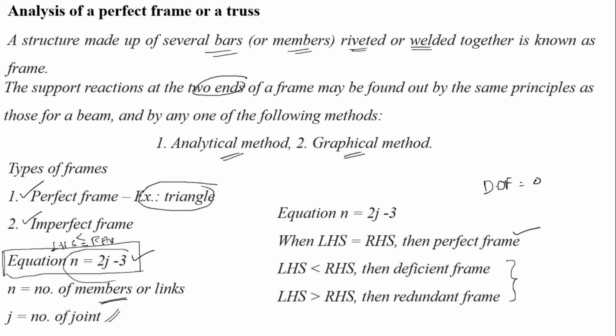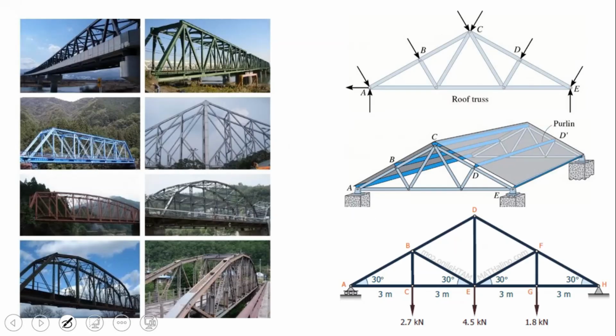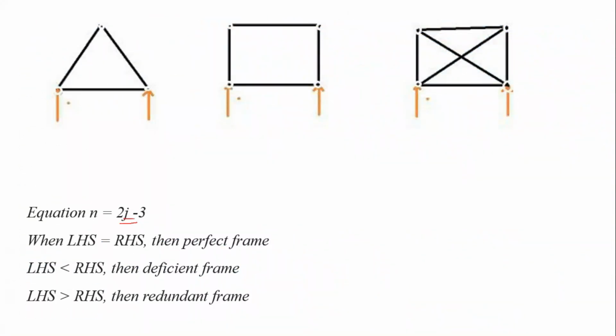So let us discuss an example for this case. This is a simple picture of trusses and how the loads are acting on them. And this is the major equation, n equal to 2j minus 3. Substitute the values in this. So n is equal to 3: link 1, link 2 and link 3. There are 3 joints: joint 1, joint 2, joint 3, A, B, C, right?